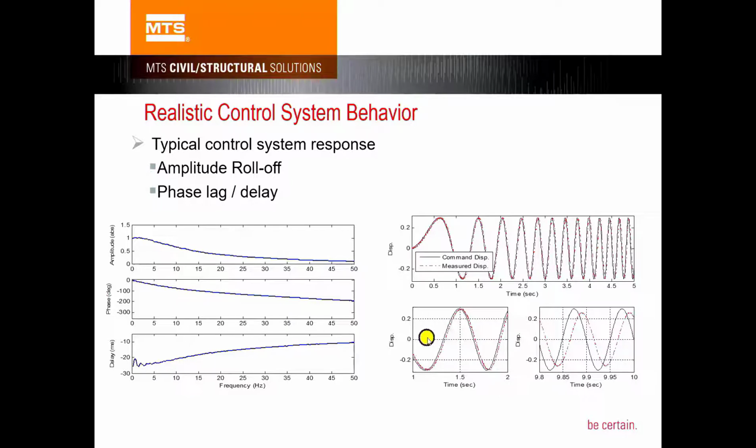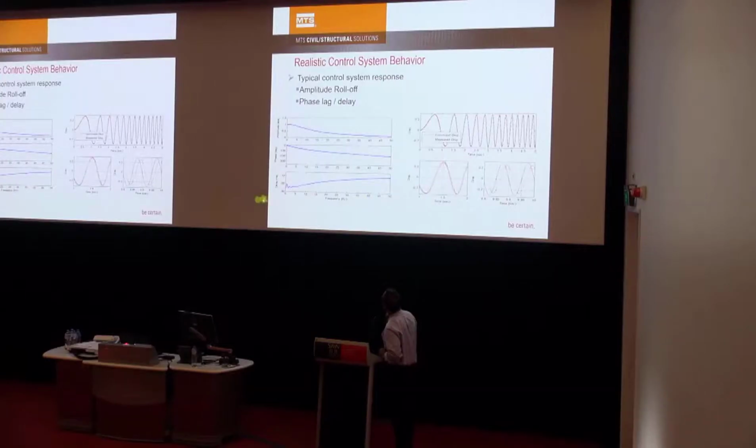This delay in a regular test doesn't matter that much. But for hybrid simulation, this delay is equivalent to negative damping. So if this negative damping is more than the system damping, then the hybrid test will go unstable. So you have to compensate for this delay.